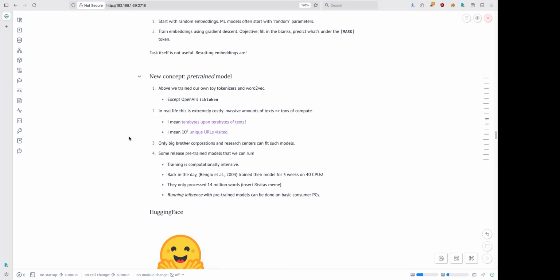There's a massive project that walks the web and visits all the websites and downloads all the text that's on the website. They scrape 10 to the power 9 of these URLs basically every month or so.